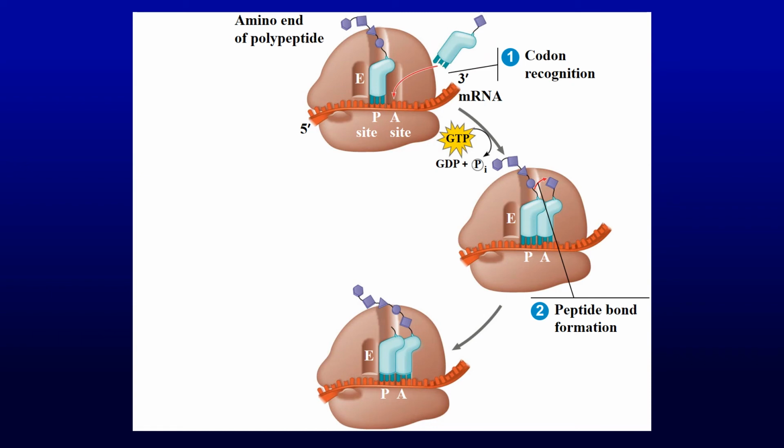Once we've got these two amino acids next to each other, a covalent bond is formed between these two amino acids. So now the transfer RNA that was at the P site has lost its amino acid because it's been joined covalently to the amino acid that belonged to the transfer RNA at the A site. So by joining together amino acids, you can see how we get a growing polypeptide chain.